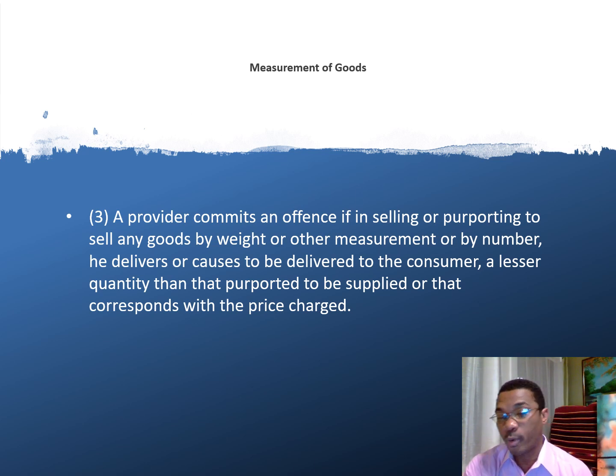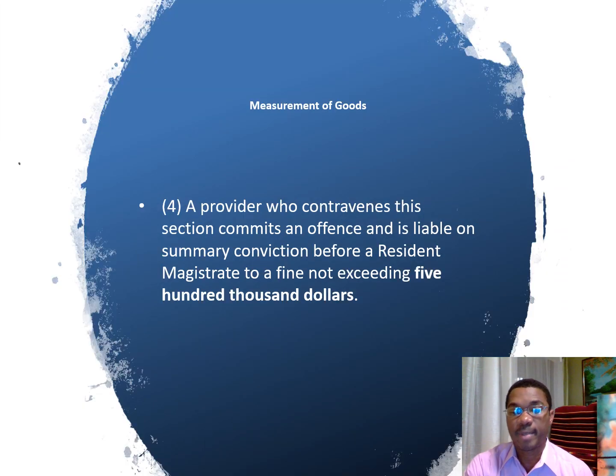If you pay for a pound and you get half pound, then that also is an offense. Measurements must be precise, and where this type of unethical behavior is detected, then it is a contravention of the section and it is an offense, and the liability there on summary conviction before a parish judge is a maximum of 500,000.